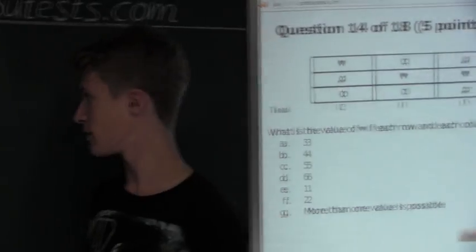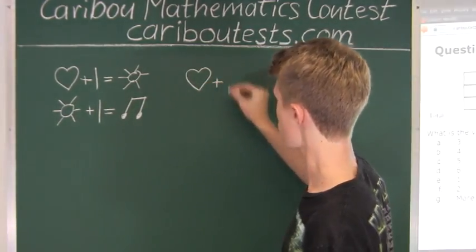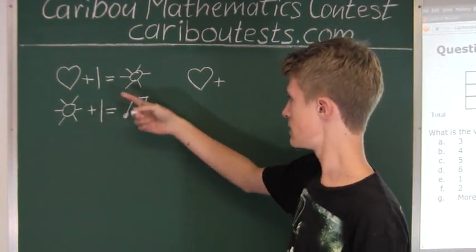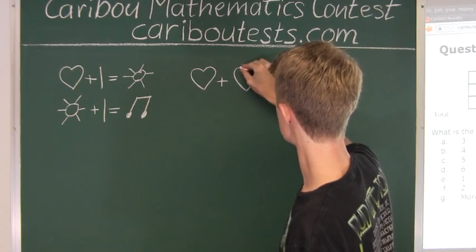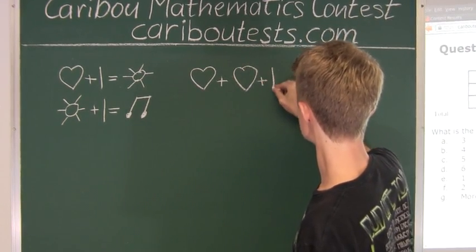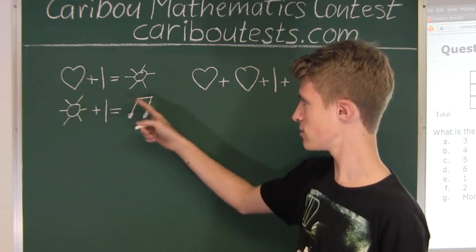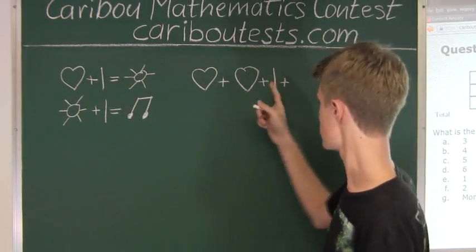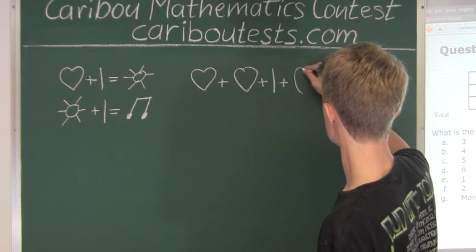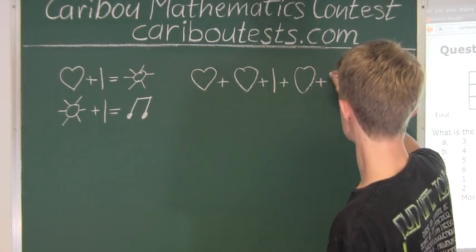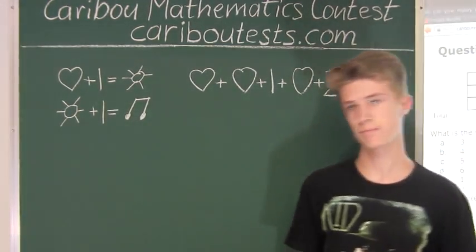Alright, now we have the heart, plus the sun, which is a heart plus 1, plus the pair of music notes, which is 1 greater than the sun, which is 1 greater than the heart. Therefore, the pair of music notes is the heart plus 2, because 1 plus 1. And this is equal to 12.